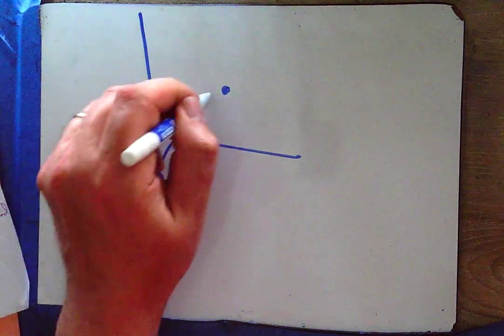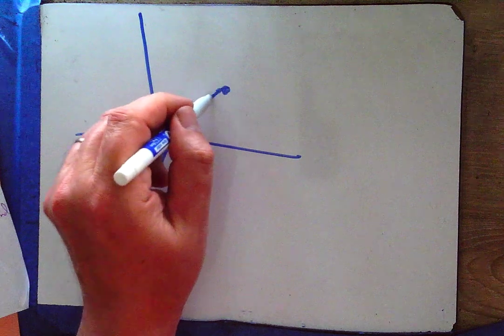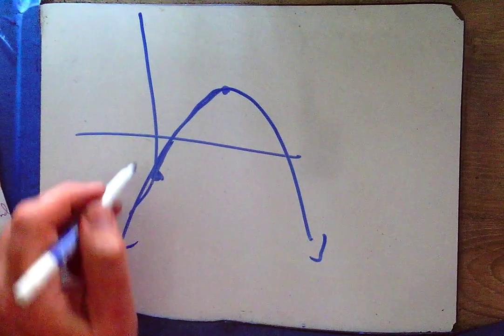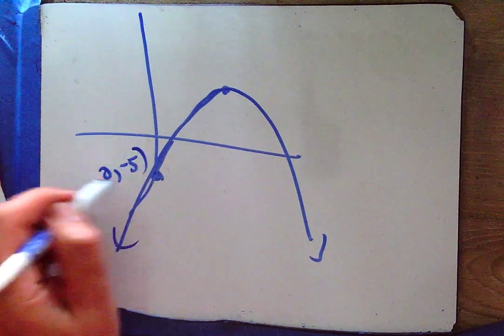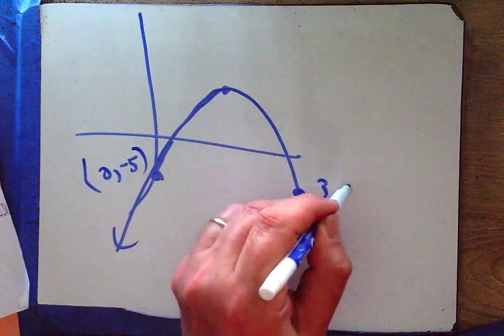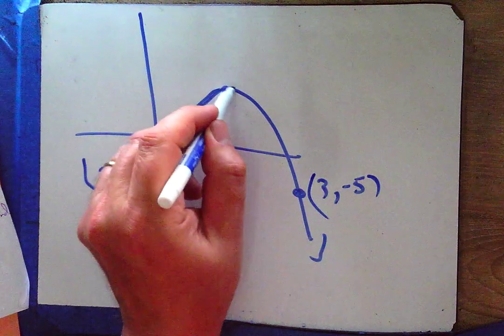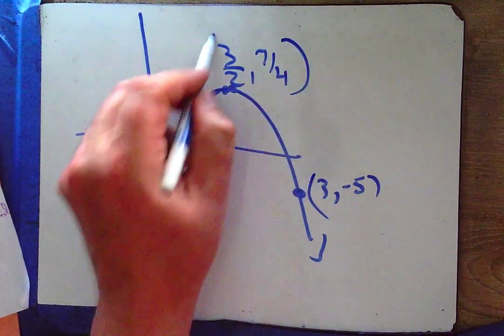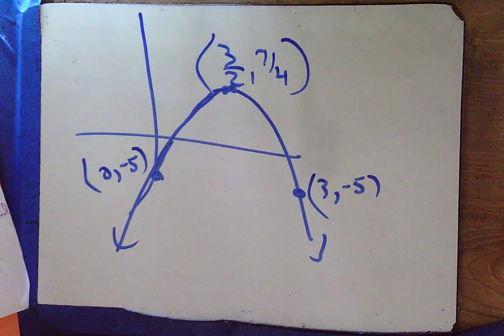So I need not to have a y-intercept up here in positive land, but a y-intercept down here in negative land. 0, negative 5 and 3 halves, 7 fourths. Okay, please write the equation for that parabola.